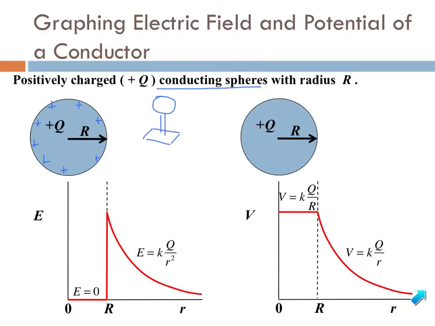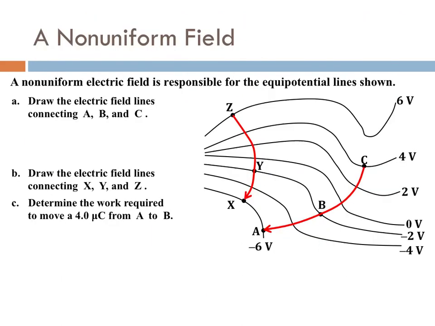In this example, we have a non-uniform electric field that is responsible for the equipotential lines shown. So, these lines on the far right-hand side, we have 6 volts, 4 volts, 2 volts, 0, -2, -4, and -6.